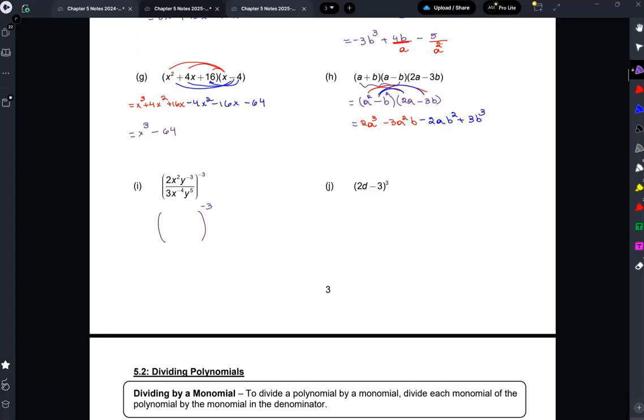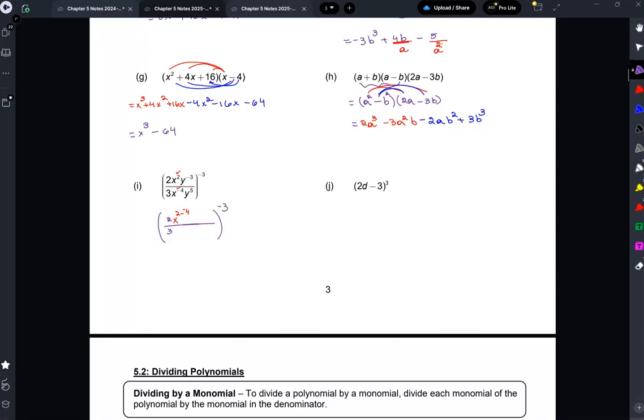Okay, so let's see. 2 over 3, those can't be simplified. Now, here I have, for the x's, x to the 2, x to the negative 4. So this is going to be x to the power of, look, I have 2 minus the stuff underneath, 2 minus negative 4.